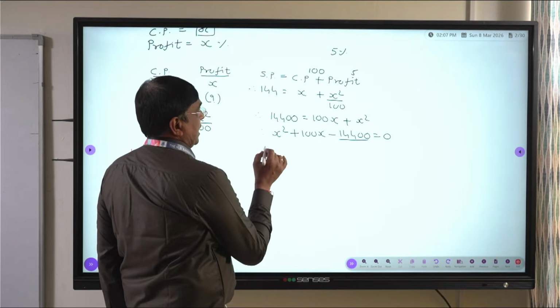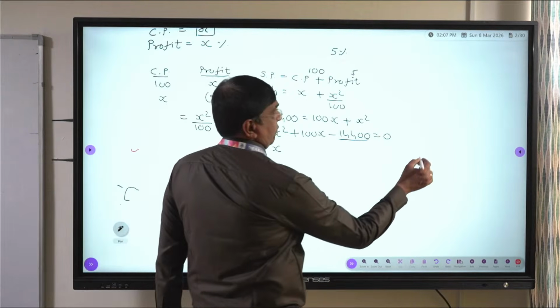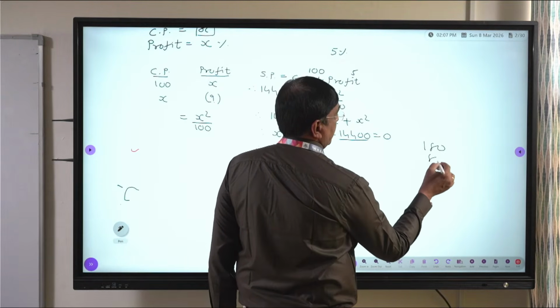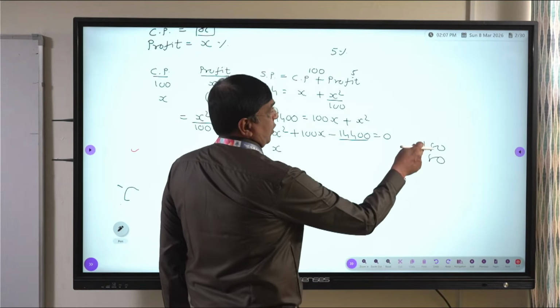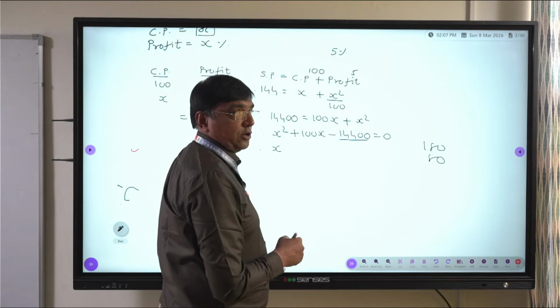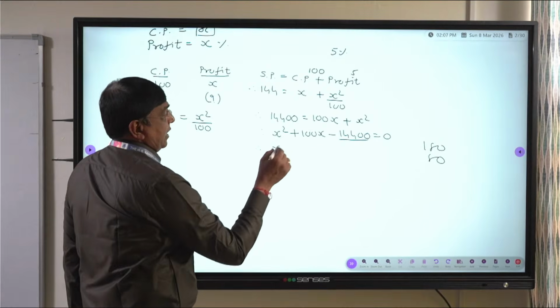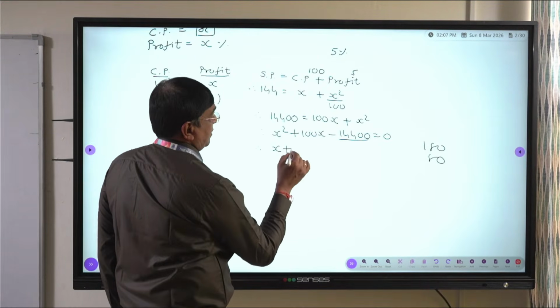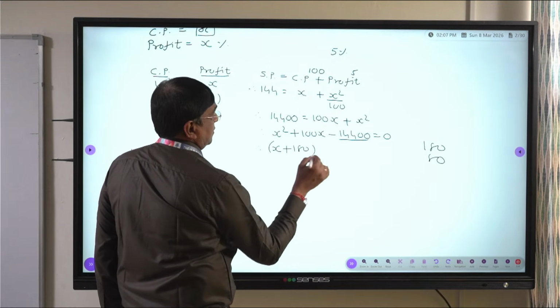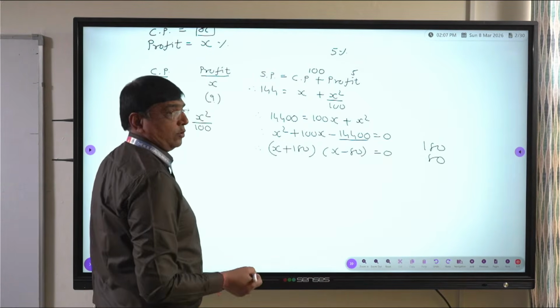So the factors are 180 and 80. Their product is 14400, and the difference is 100. So the direct factors are x plus 180 and x minus 80 equals 0.